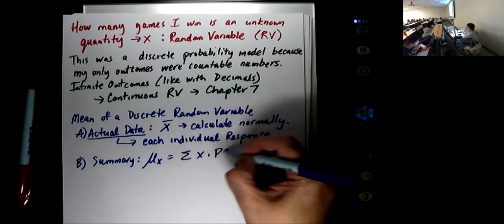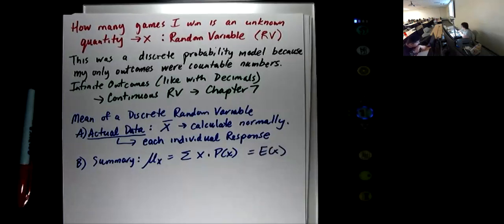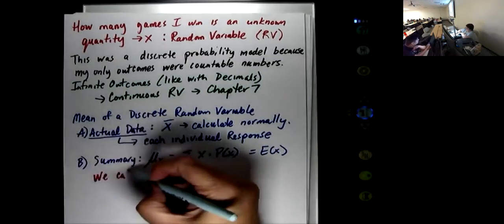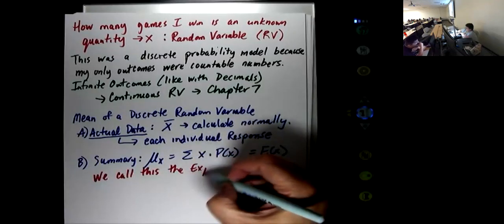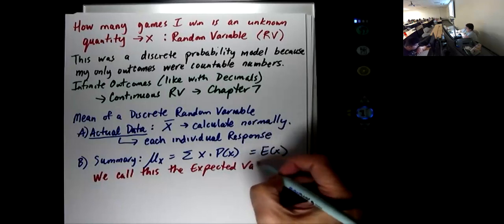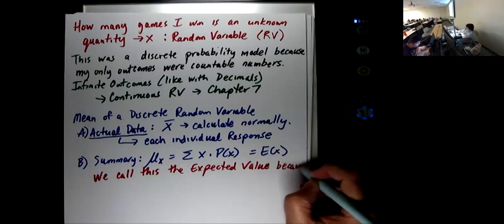Summation of X times P of X. And we call that E of X. The reason they call it the expected value is that this is theoretical.